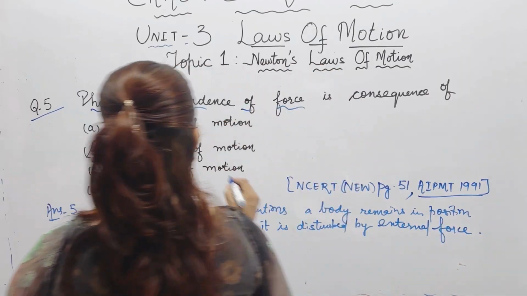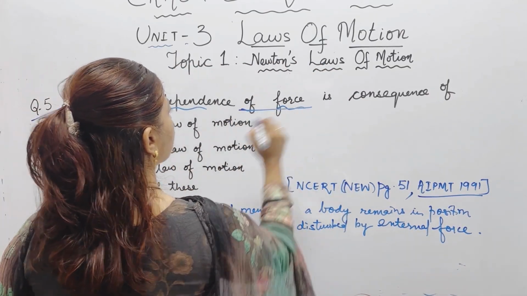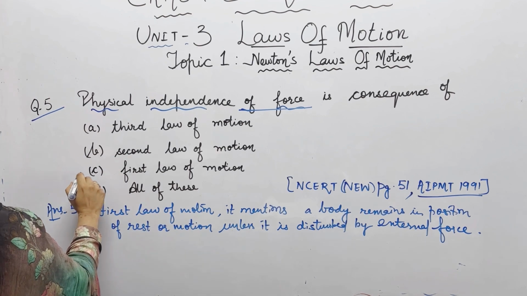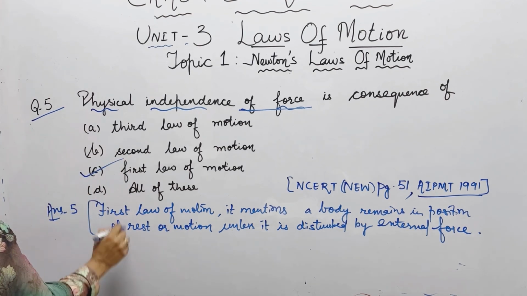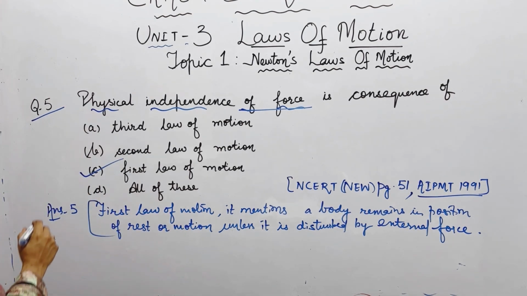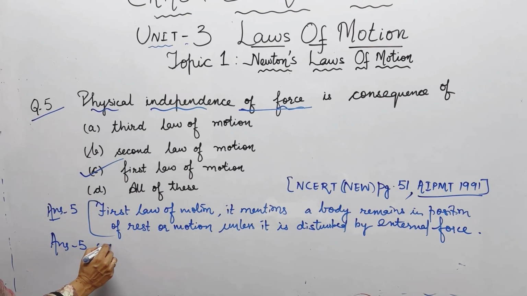Hence, the physical independence of force is a consequence of the first law of motion according to this concept, and the answer for the fifth is option C.